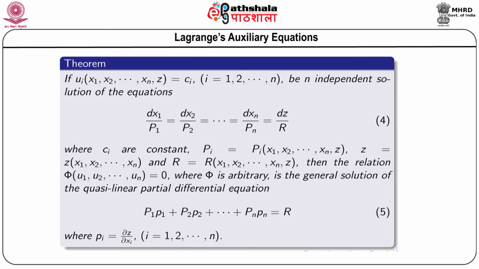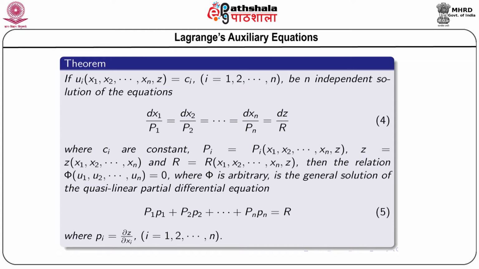If u_i(x1, x2, ..., xn, z) = c_i, where i = 1 to n, be n independent solutions of the equations dx1/P1 = dx2/P2 = ... = dxn/Pn = dz/R, where the c_i's are constants and the P_i's are functions of the independent variables x1, x2, ..., xn and the dependent variable z, and z is a function of x1, x2, ..., xn, and R is a function of the n independent variables and the dependent variable z.